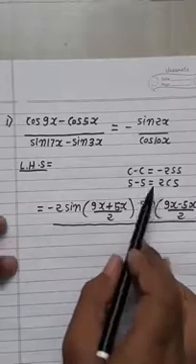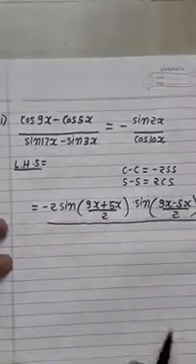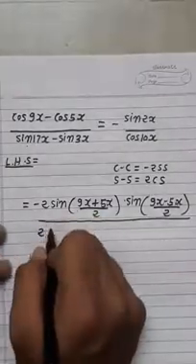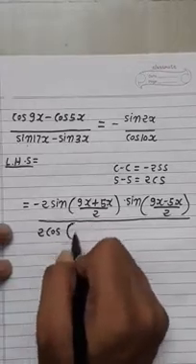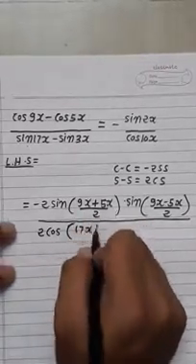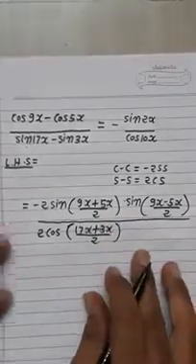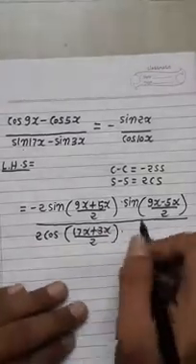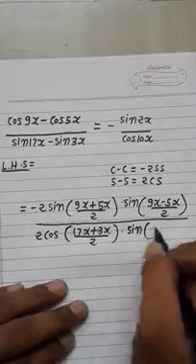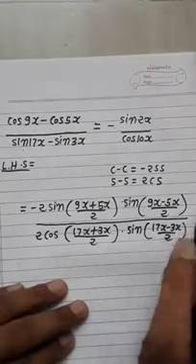in the denominator term s minus s, that means 2cs, here we can write 2 times cos of (17x plus 3x) divided by 2 into sin of (17x minus 3x) divided by 2.